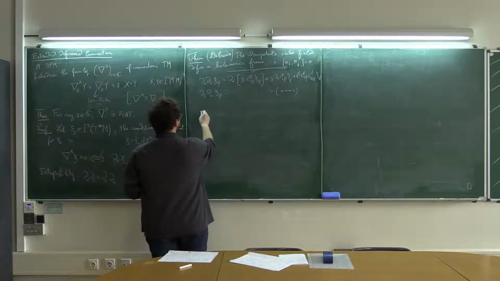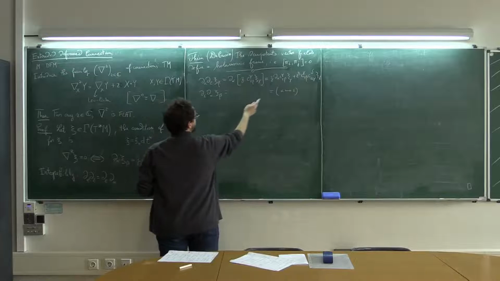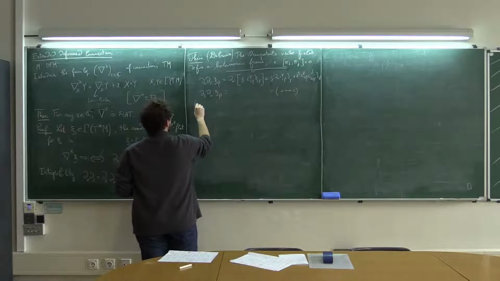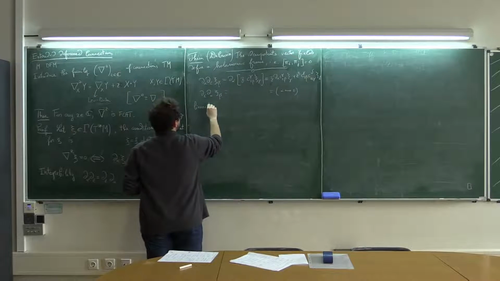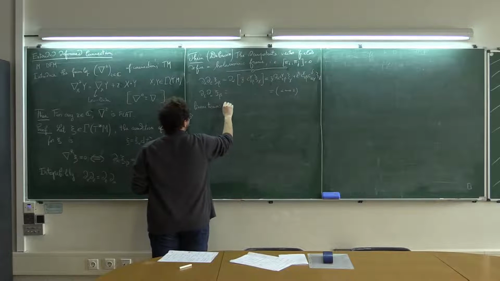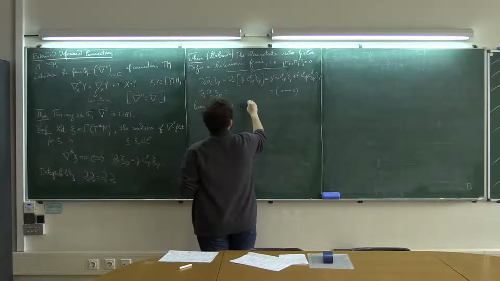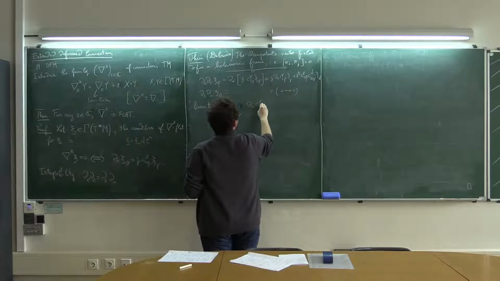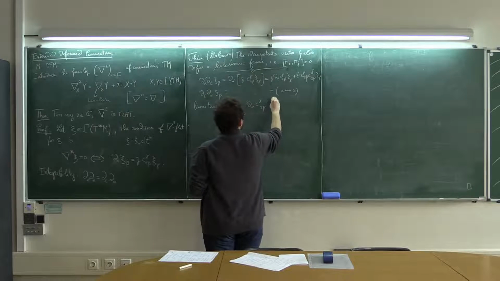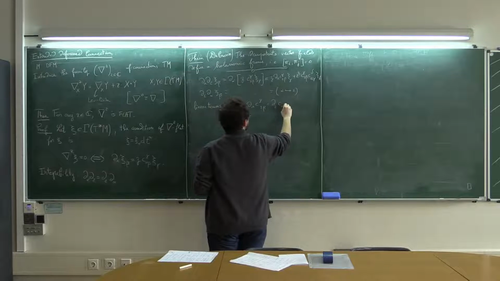But this means the following. From the linear terms in z, we are requiring that the alpha C gamma epsilon beta equals the epsilon C alpha beta gamma.